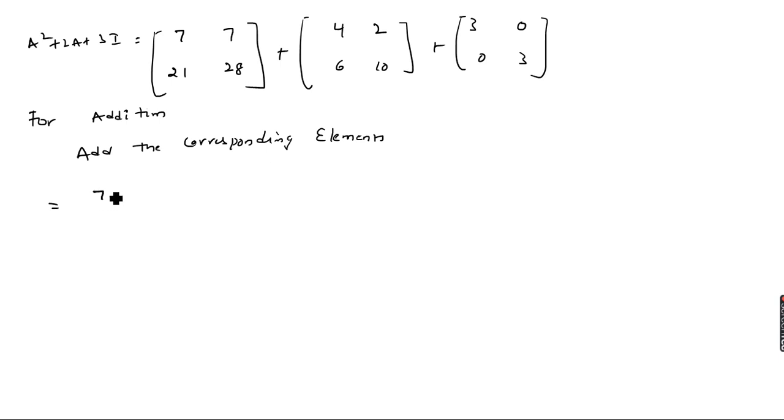So that is nothing but 7 plus 4 plus 3, 7 plus 2 plus 0, 21 plus 6 plus 0, 28 plus 10 plus 3.